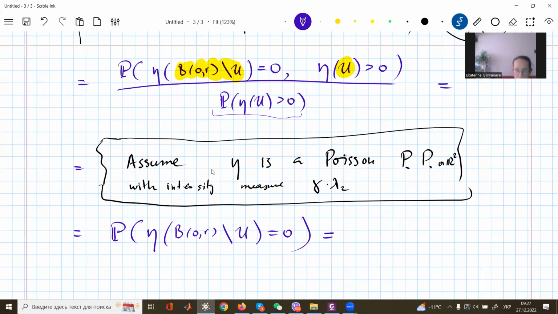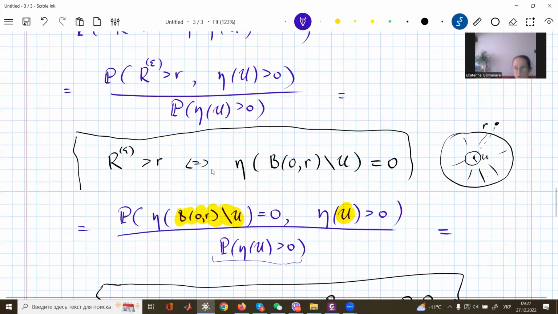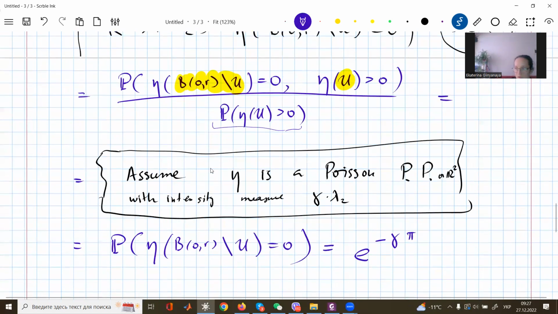So this is the expectation, exponent minus gamma, and here the volume of this ball minus the smallest one. This will be pi r squared minus epsilon squared.